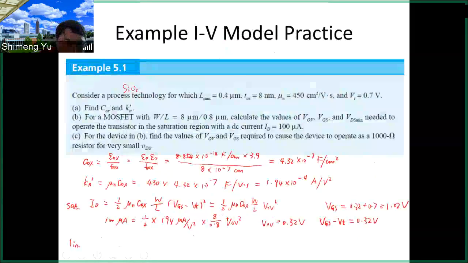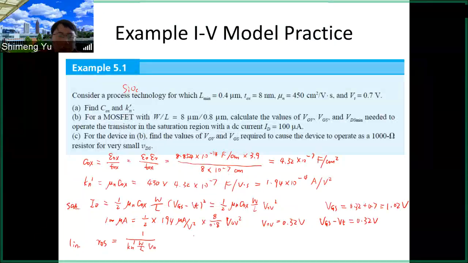So you write that down first. 1 over mu n COX is your Kn prime here, so it is 1 over Kn prime times W over L times VOV. Then you can plug in the numbers.